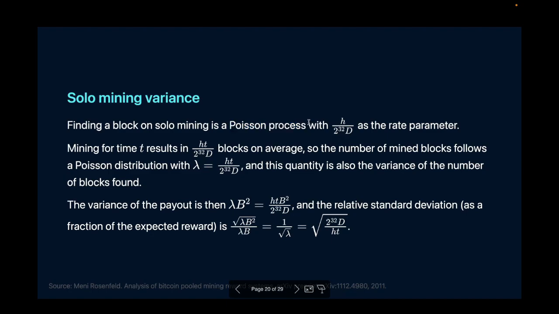I'm not going to dive into too much detail about this statistics here, but basically this Poisson process can be modeled with a rate parameter that is H, the miner's hash rate, divided by 2 to the power of 32 multiplied by D. So mining for time t results in these many blocks being found on average, and the number of mined blocks follows a Poisson distribution with lambda, or the rate parameter, defined by this formula here.